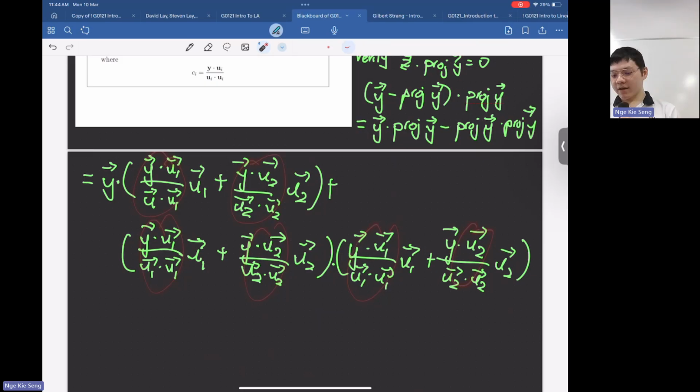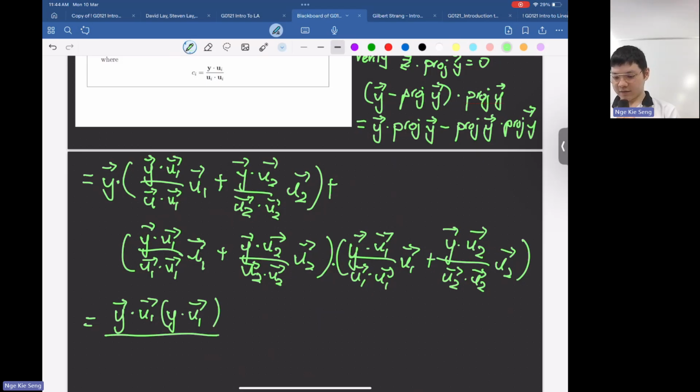Right. So if you want to dot y with a sum of vectors, how do you dot it? You just take y dot with u1, and here is a scalar. Then you take your scalar out, and you take y dot with your vector.